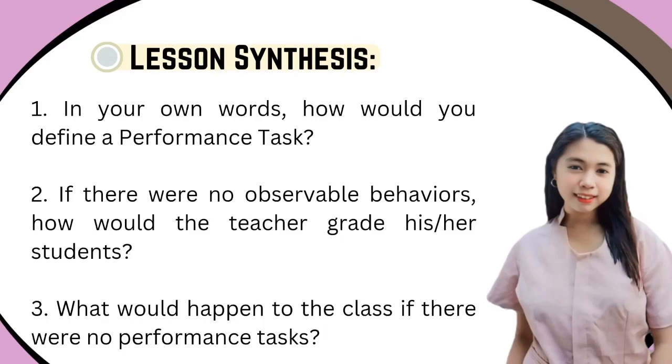Without observable behaviors, the teacher would have limited evidence to assess student mastery of the learning objectives and provide meaningful feedback. Observable behaviors provide tangible evidence of students' abilities, allowing the teacher to evaluate their performance and progress.